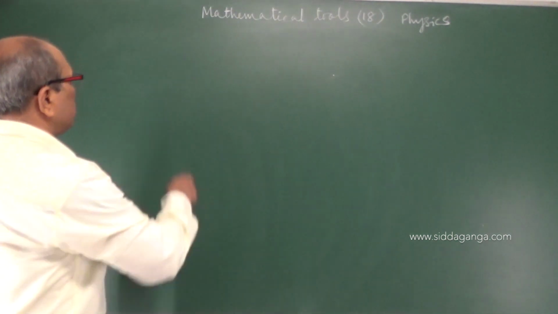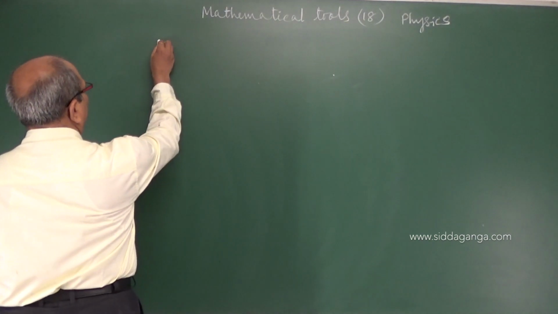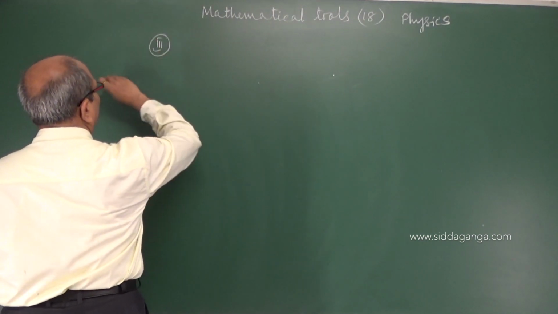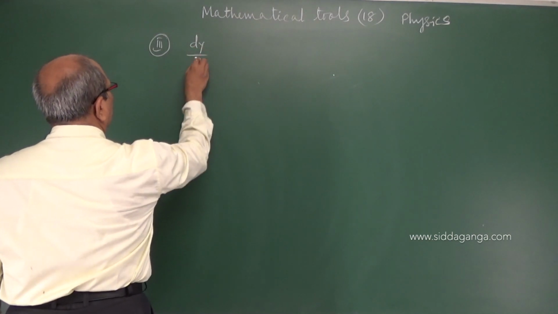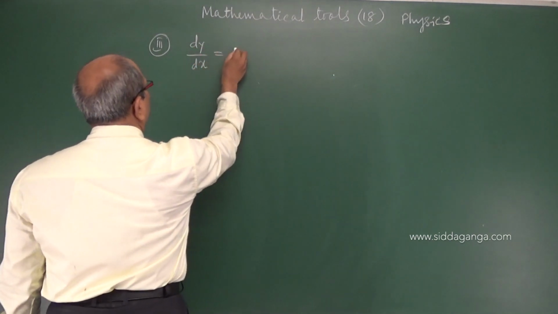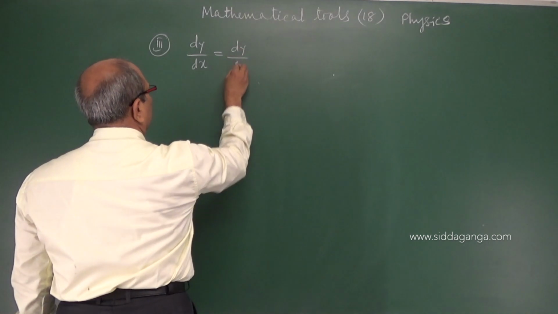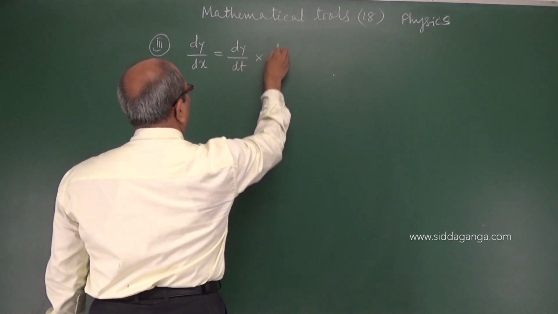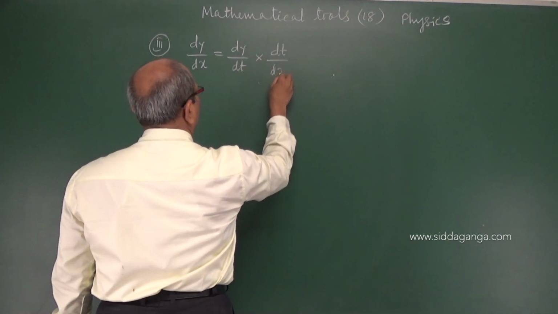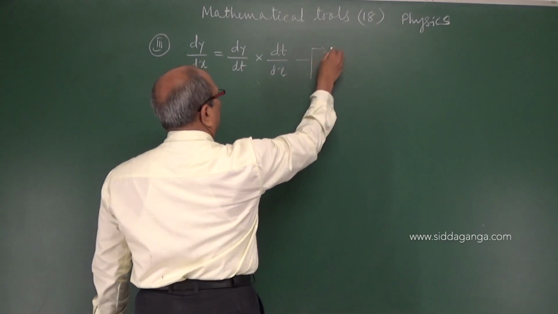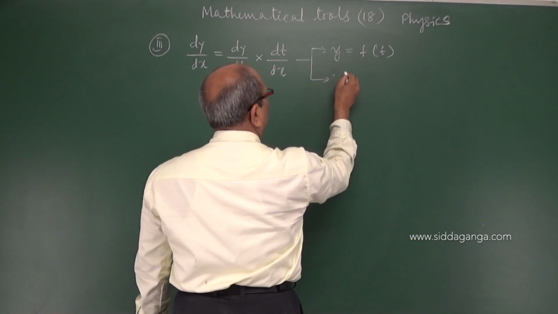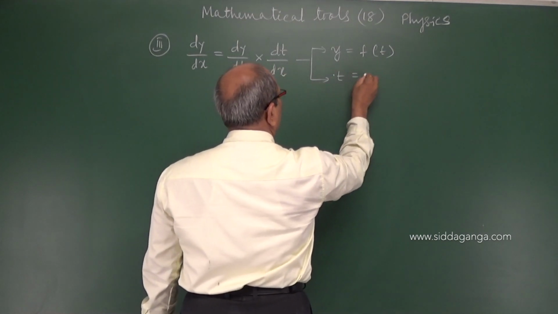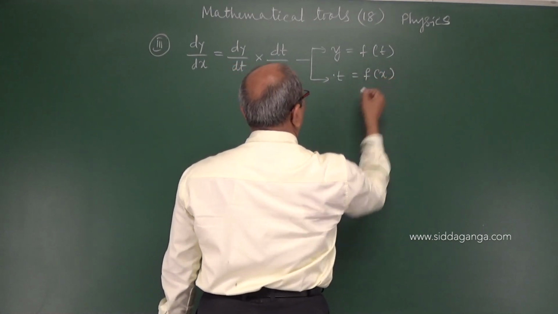So let us take the example of the chain rule, the third one, for which I gave the formula. dy by dx can be written as dy by dt into dt by dx, when y is a function of t and t is a function of x.